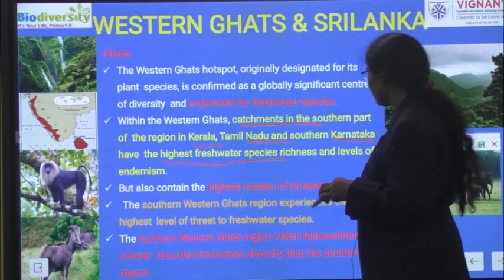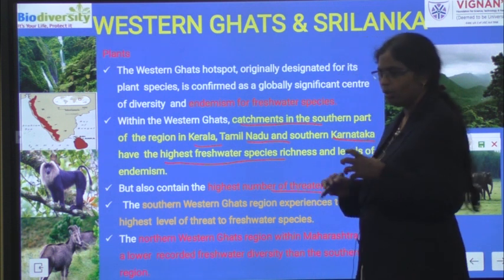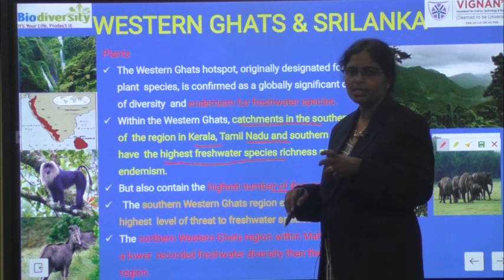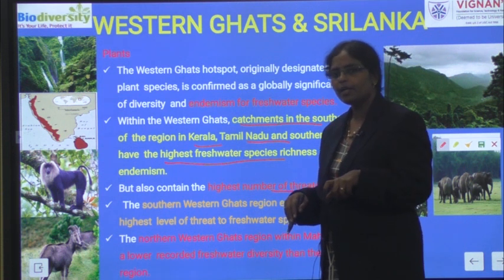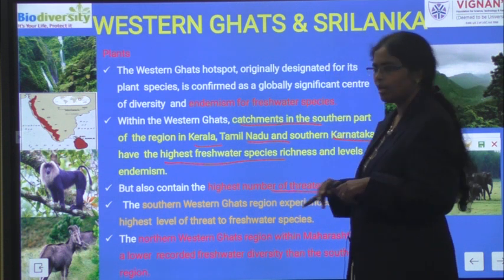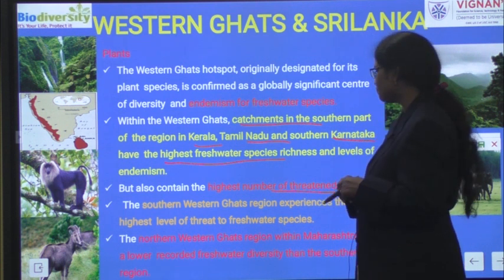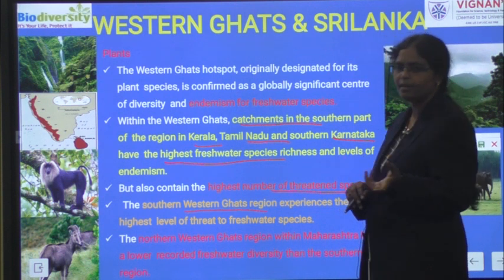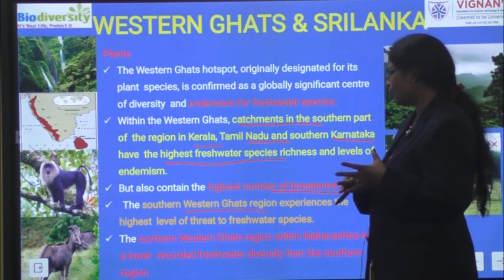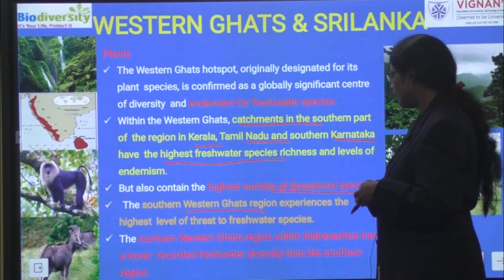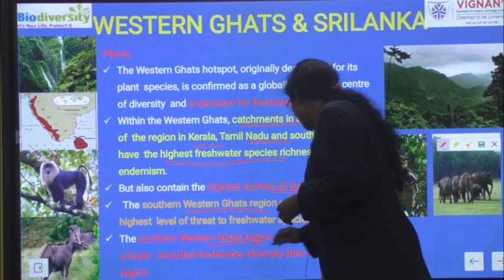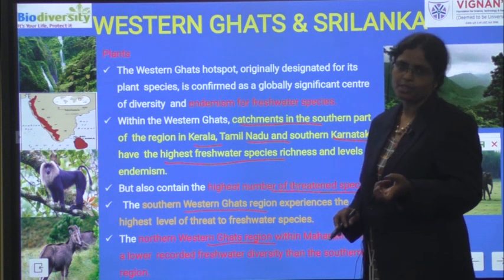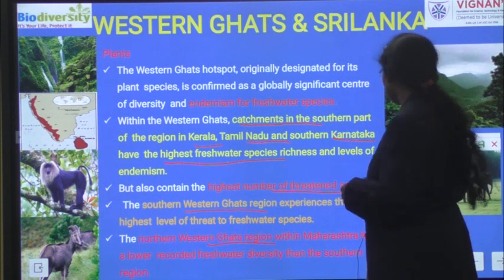It contains not only local species, but also threatened ones. Whatever species exist in that biodiversity hotspot region are in the threatened category also. The southern Western Ghats region experiences the highest level of threat to freshwater species, and the northwestern Ghats region within Maharashtra has the lowest level compared with the previous regions.